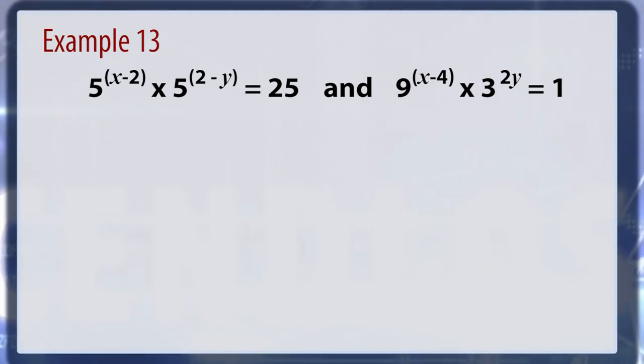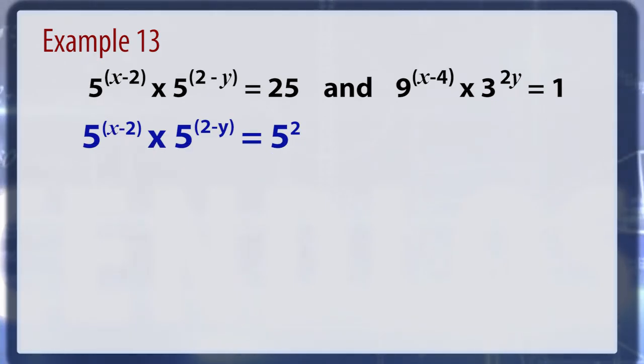And in the first equation, we're going to change the 25 on the right-hand side with a base of 5. Then we'll use the multiplication law to simplify the left-hand side. Now that gives us 5 raised to the power x minus 2 times 5 raised to the power 2 minus y is equal to 5 raised to the power 2.